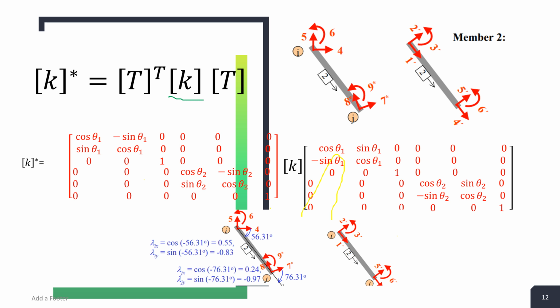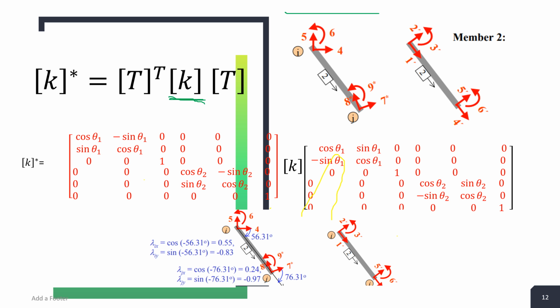This is the stiffness in the horizontal. This is the non-transformed stiffness in the horizontal. So the stiffness when the member is assumed horizontal is this.